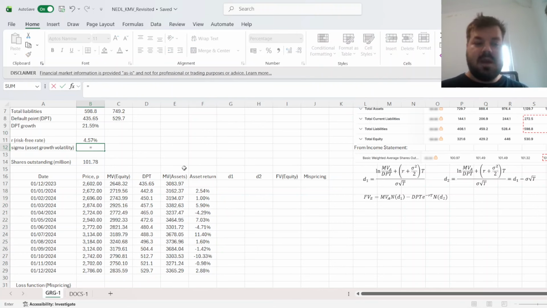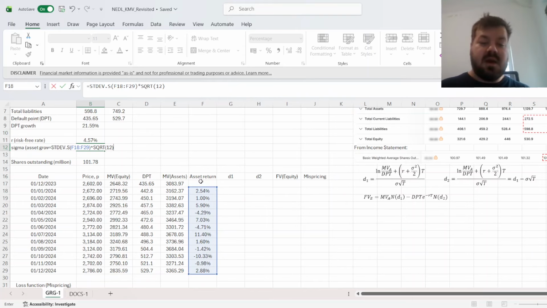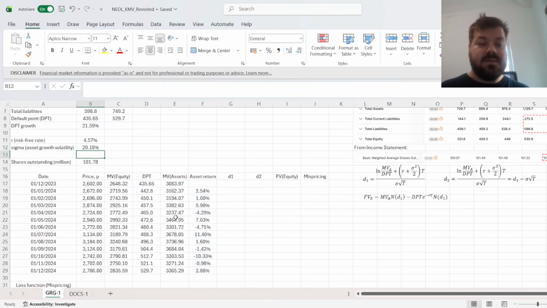Here we need everything annualized, so we use sample standard deviation of those asset returns, and we multiply it by the square root of 12. As there are 12 months in a year, our initial asset returns are monthly, and volatility scales as a square root. So our initial guess at what the asset growth volatility is 20%, which is quite realistic.